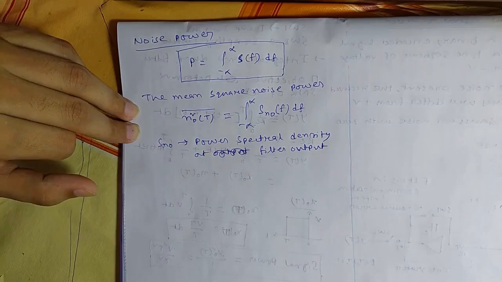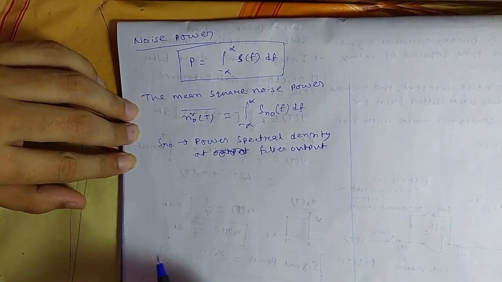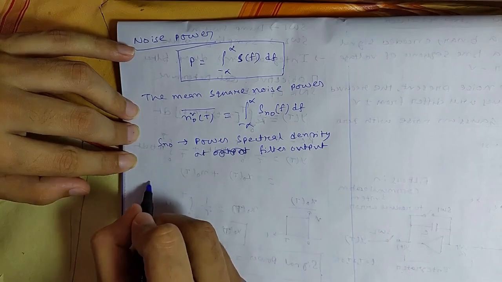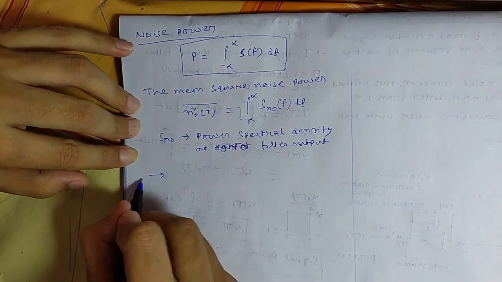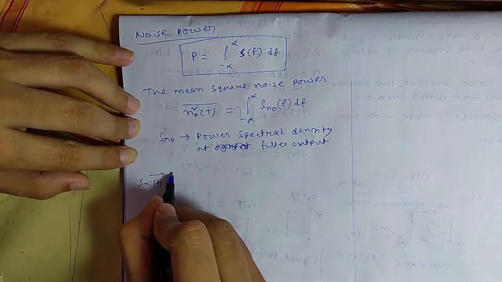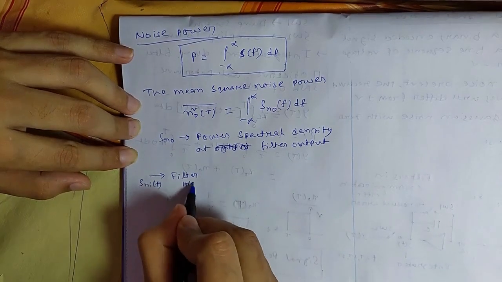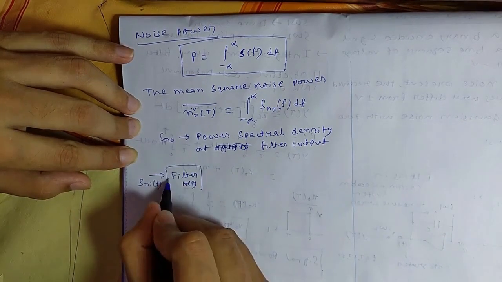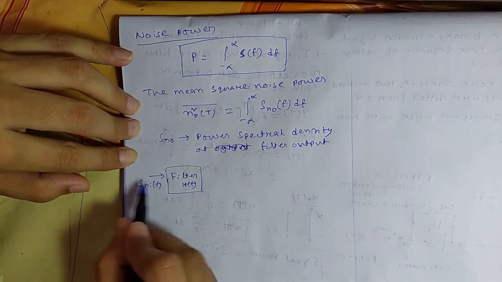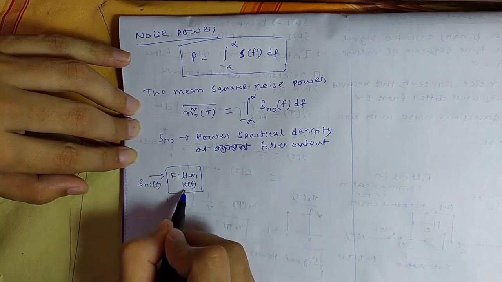These two power spectral densities, at the input of the filter and at the output of the filter, are different. Consider the input side noise power spectral density and a filter with transfer function H(f).